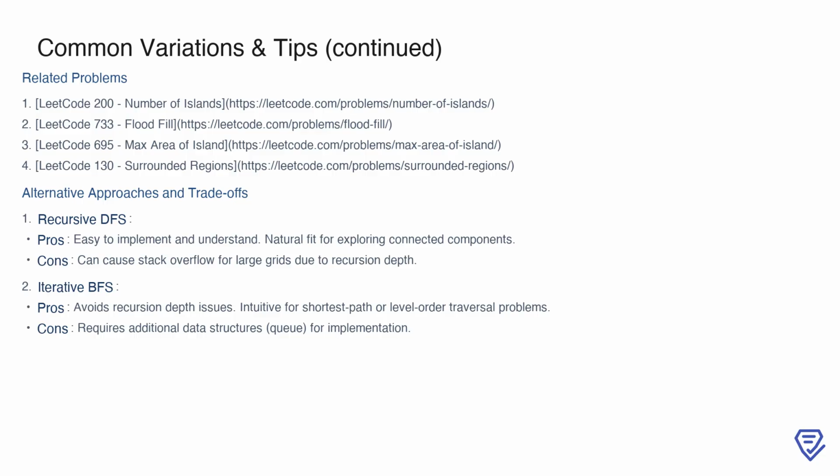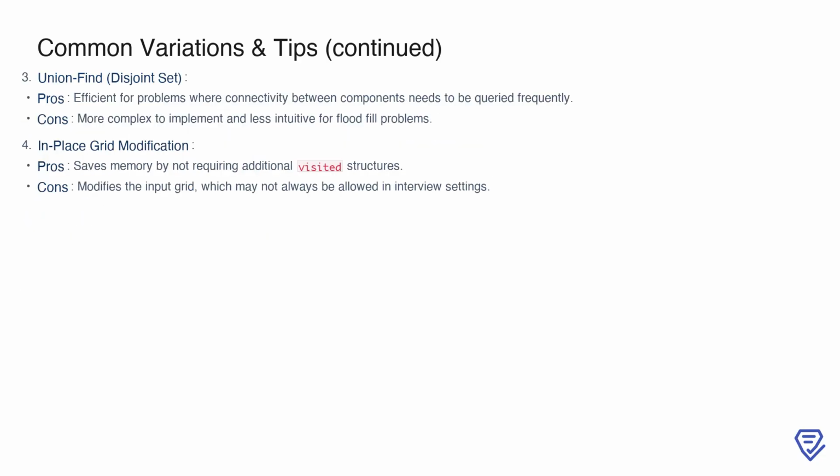Another approach worth considering is the union find, or disjoint set, method. This is particularly efficient for problems that require frequent connectivity queries between components. However, union find can be more complex to implement and may feel less intuitive for flood fill style problems.